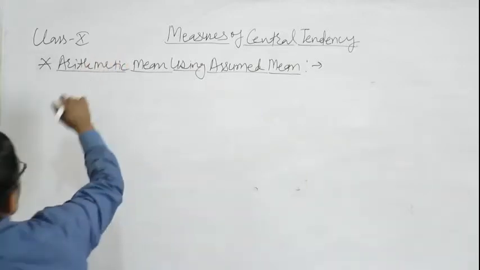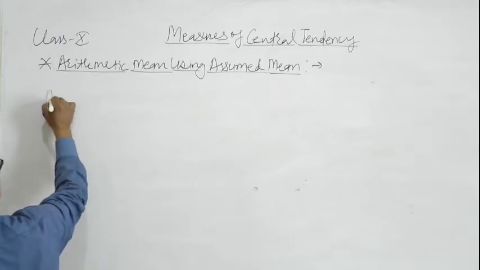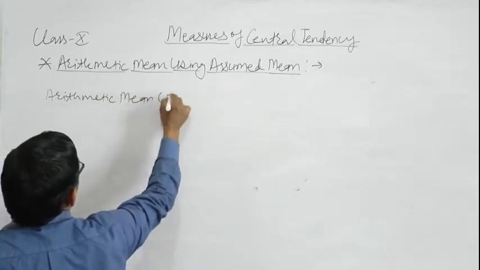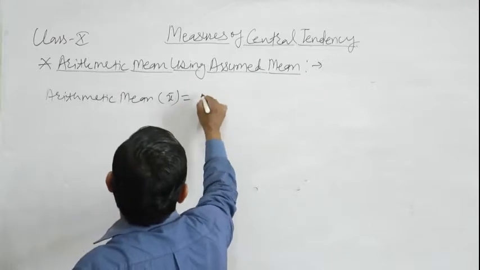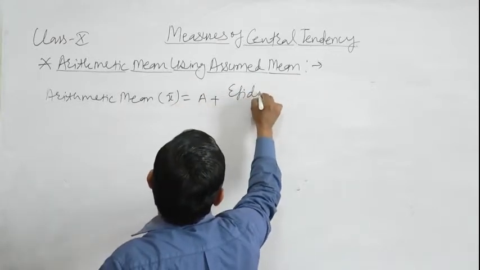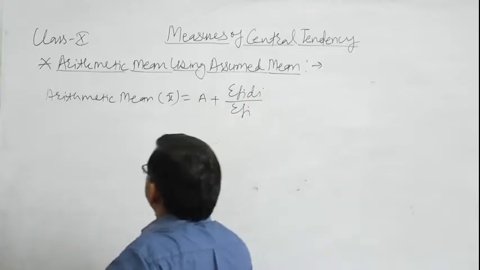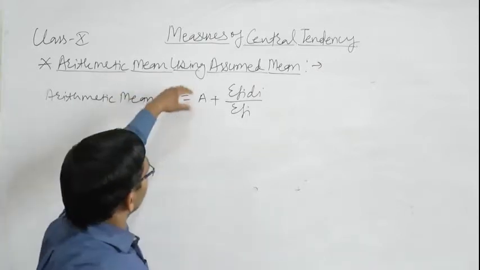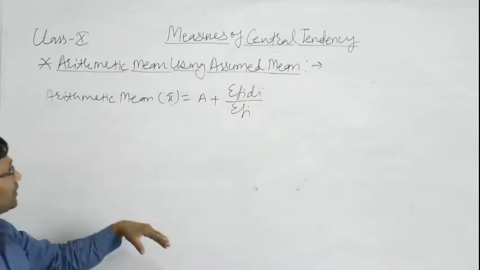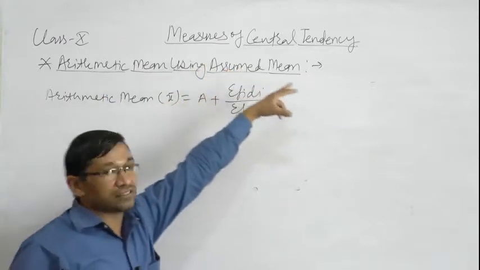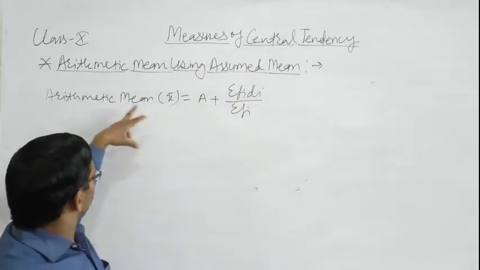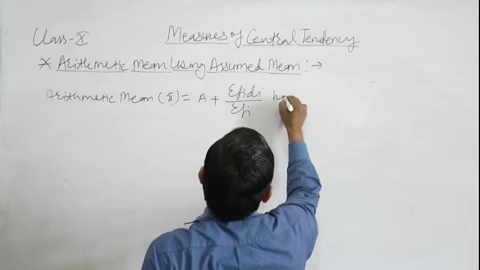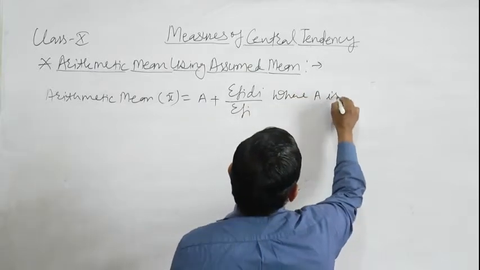So for this we use the formula of arithmetic mean, which is represented by x bar is equal to a plus sigma fi di upon sigma fi, where a is the assumed mean.